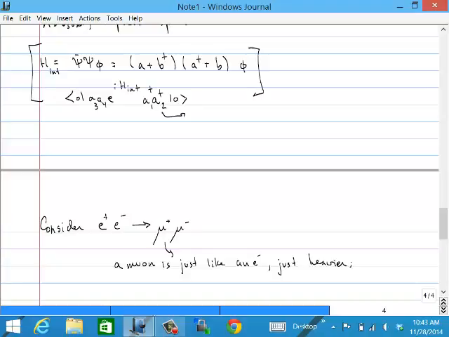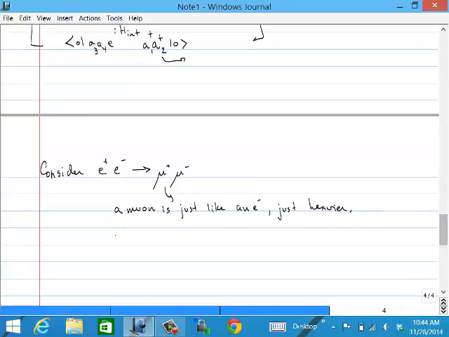If you want to describe the theory of electrons interacting with muons, that's just a generalization of quantum electrodynamics to include two different fermion fields, one of which you call the electron and one of which you call the muon. And the mass of the muon is much bigger than the mass of the electron.